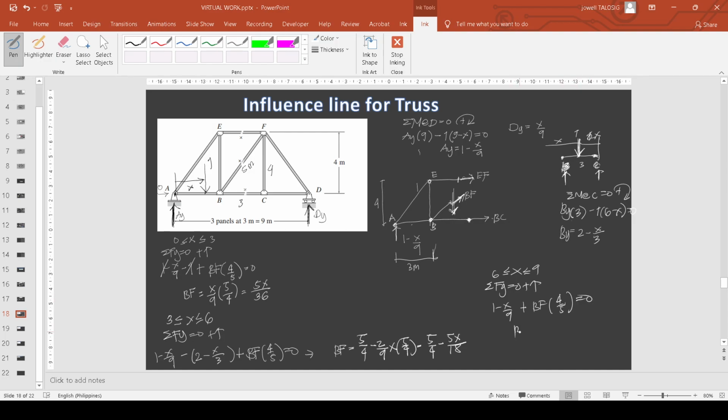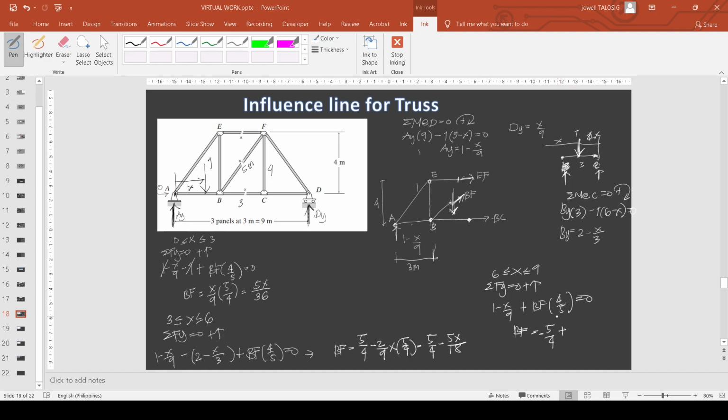So, ang bf natin ngayon is equal to here. So, 5 over 4. Okay, minus, so this minus, no?